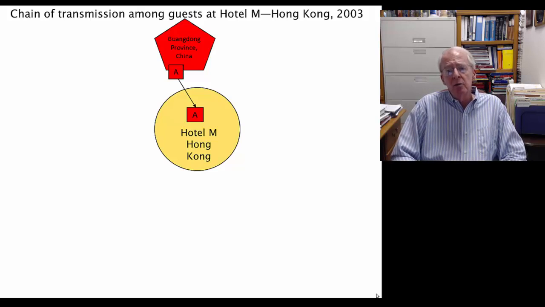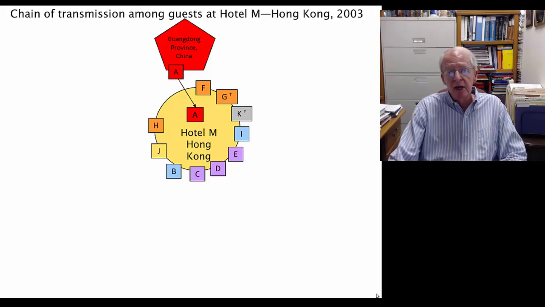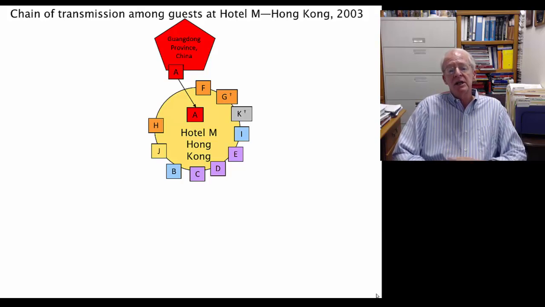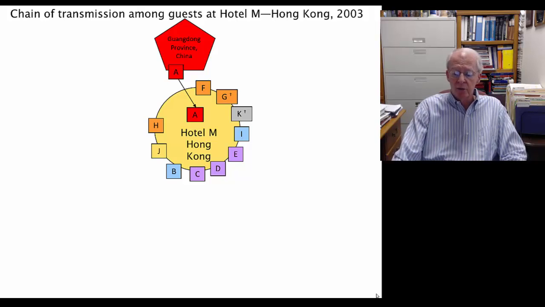Although he stayed in his room the whole time he was in the hotel, he somehow managed to transmit his infection to approximately 10 other people who were guests at the hotel, most of whom stayed in other rooms on the 9th floor.